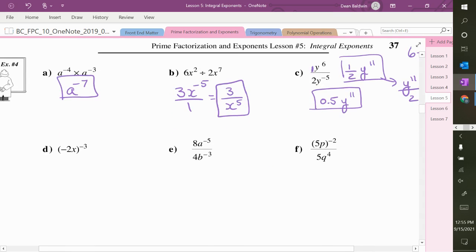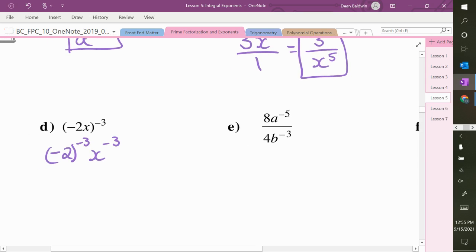All right. Negative 2x to the power of negative 3. Where does that negative 3 go? Into everything. I shouldn't have done this one yet. That's okay. We'll do it. How do I make these exponents negative or positive? How do you make an exponent positive?